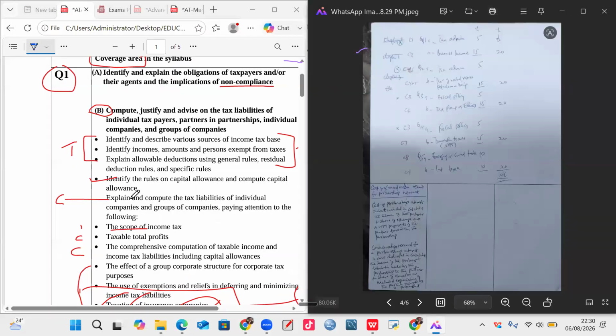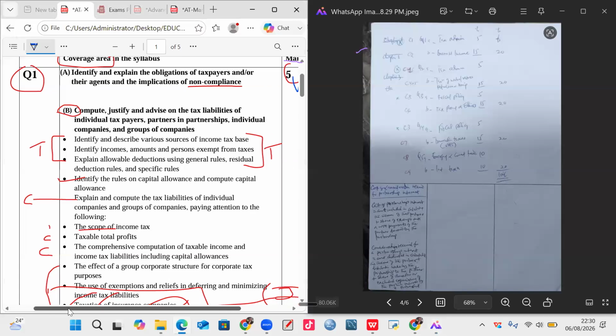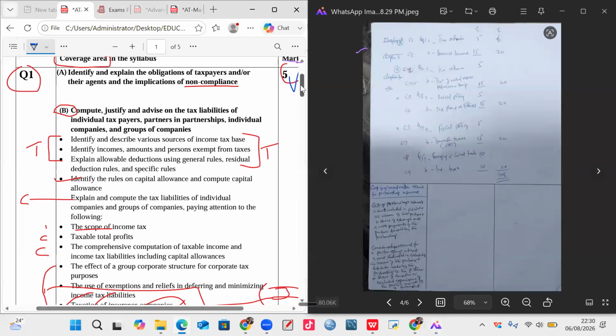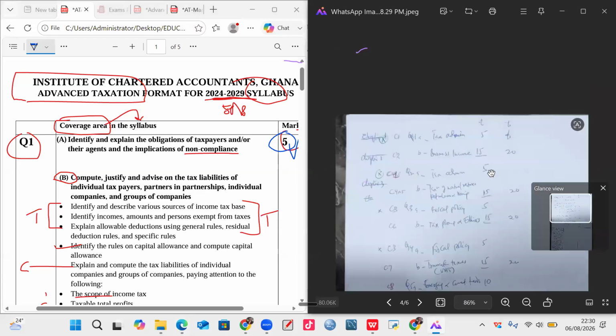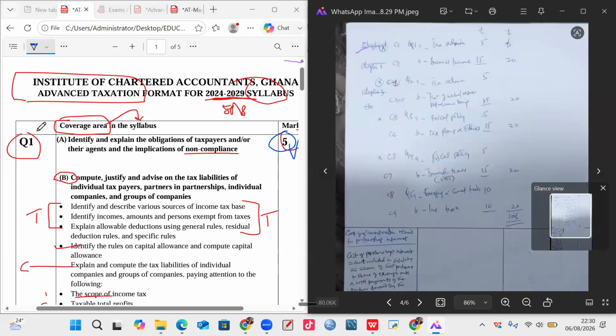So what is question one? This question one we are looking at, the 5% is tax administration here. Then when we add it to the B, which is on business income questions, 15 marks, together it gives us 20 marks.